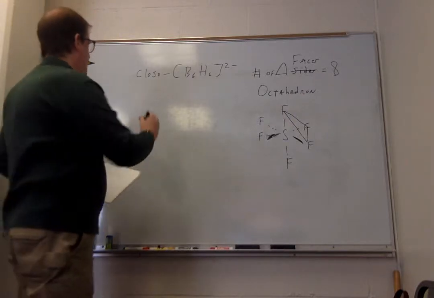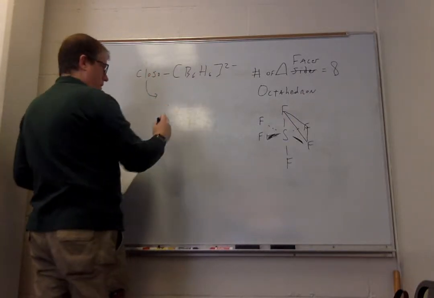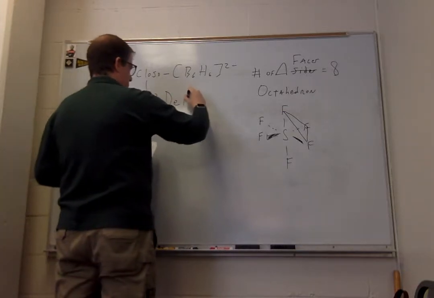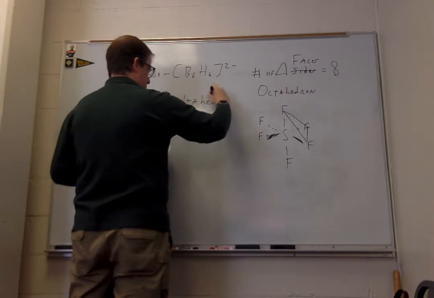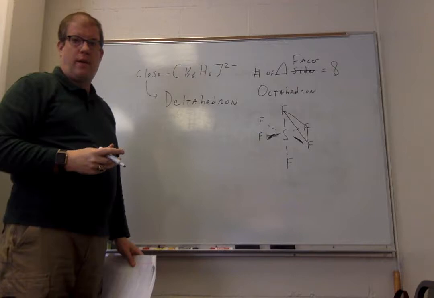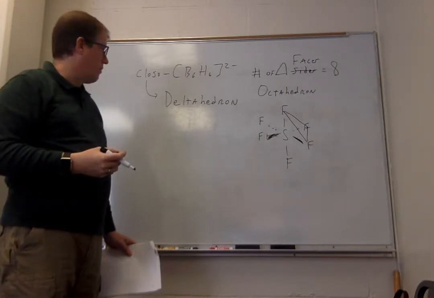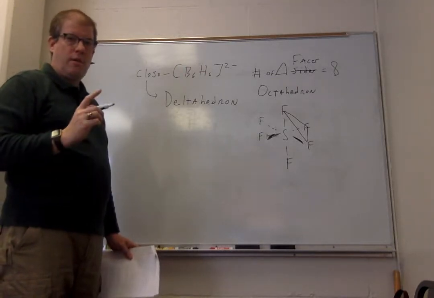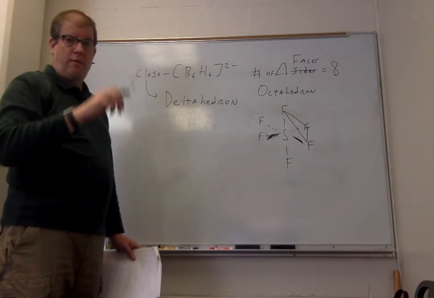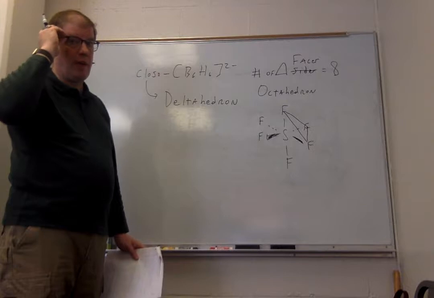What does that mean? This term means we have a deltahedron. It could be a tetrahedron, an octahedron, an icosahedron, what have you. A deltahedron, which means you've got equilateral triangular faces held together by shared edges.